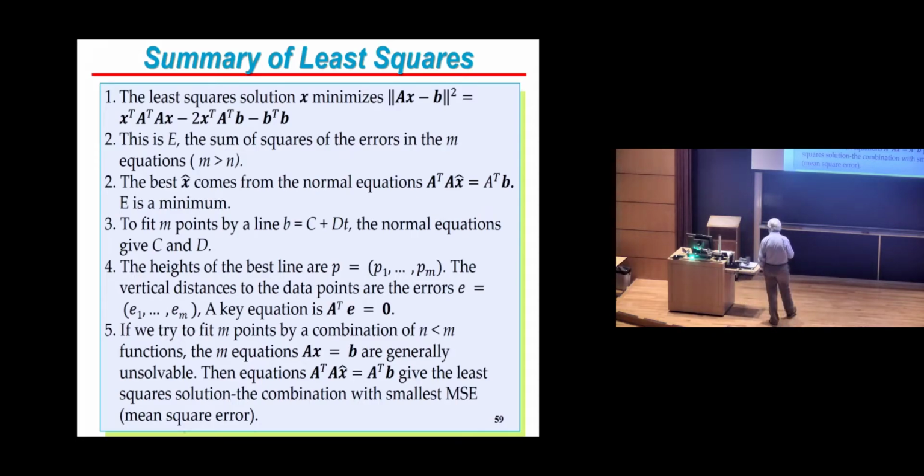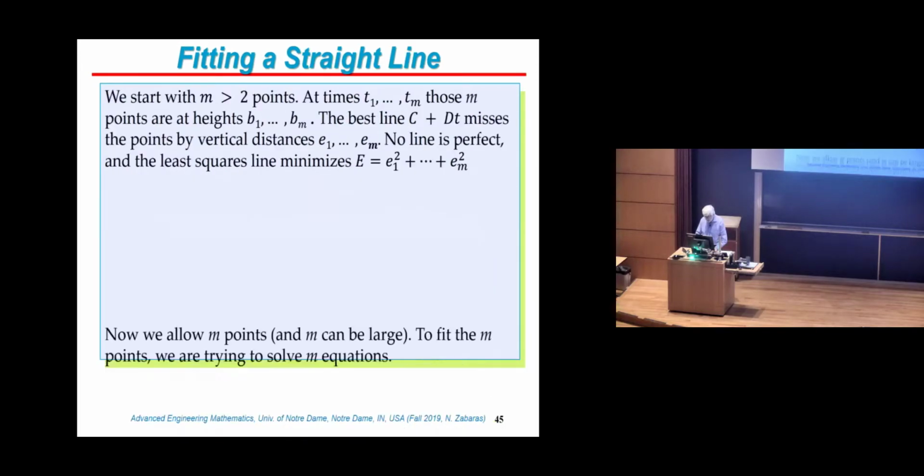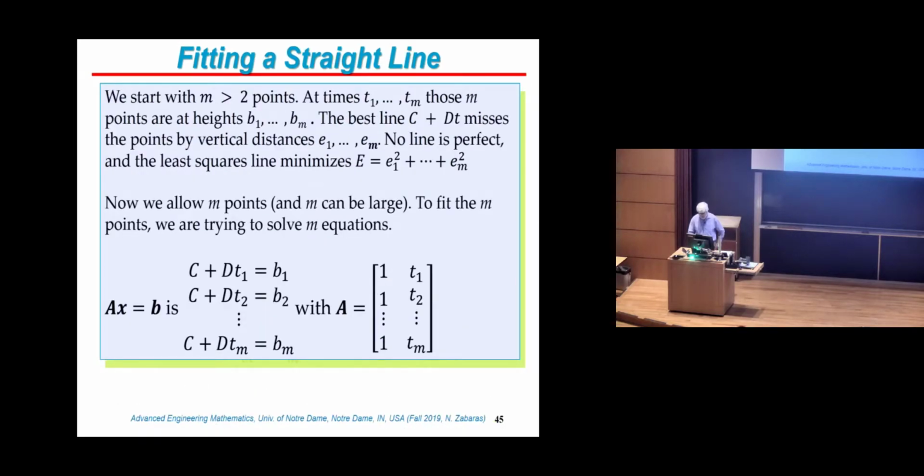All right. So let me see if I can do a simple example. So let's suppose that you want to fit a straight line, and you have to do this in the homework.